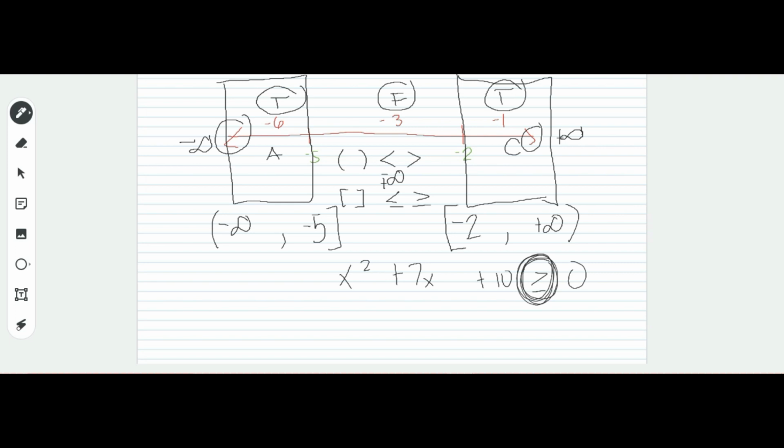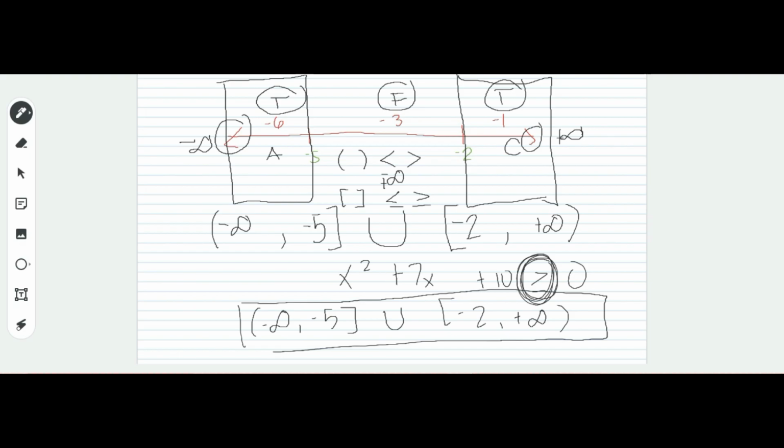And because we are combining two answers from two different regions, we are just going to unite your answers there. So, therefore, this is our final answer. So, we have negative infinity, negative 5, unite natin yan, union to negative 2 to positive infinity. This is our final answer for our quadratic inequality.